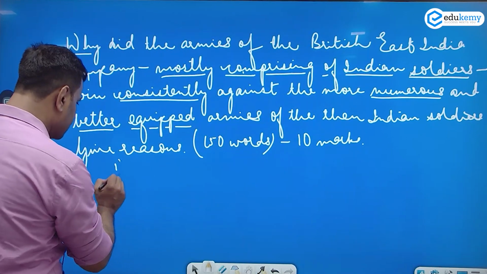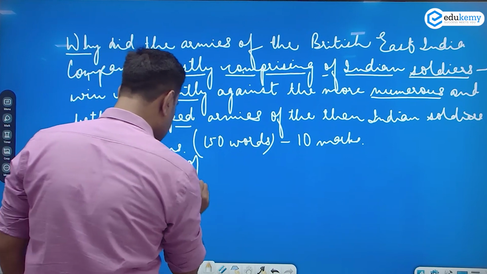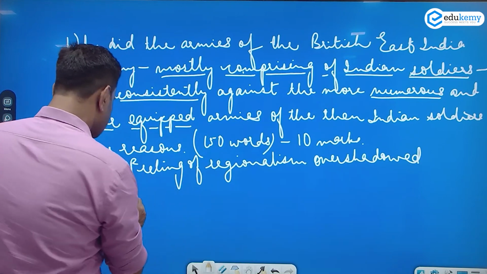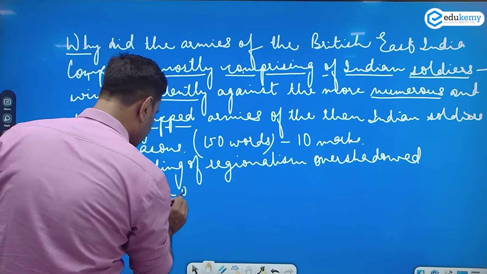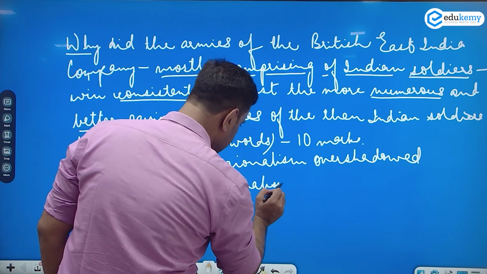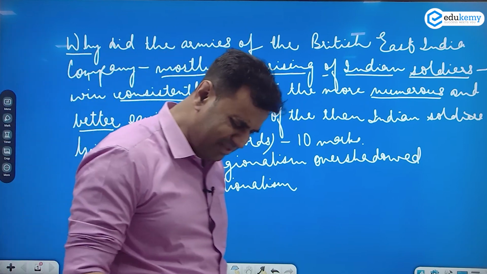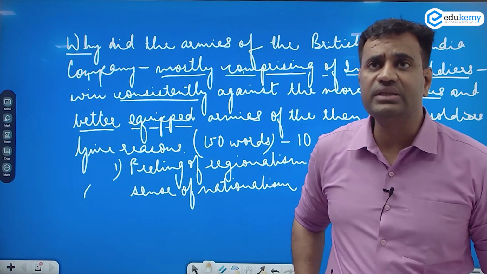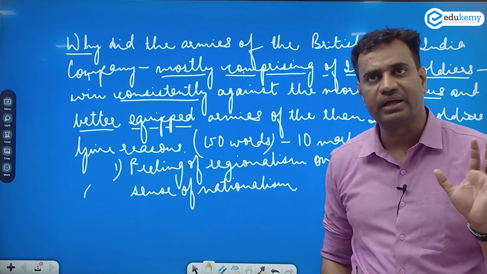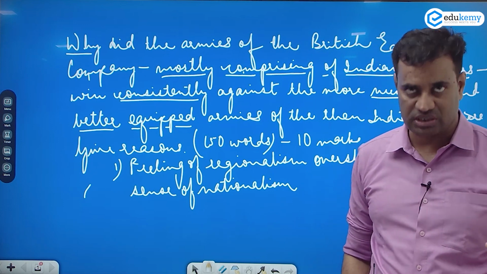So the first major factor would be that the feeling of regionalism overshadowed the sense of nationalism. In fact, India during the rule of the British East India Company was a mere geographical entity without any sense of modern nationalism.